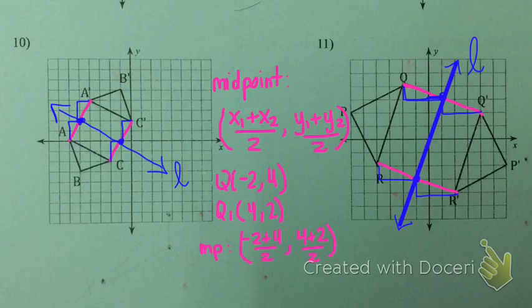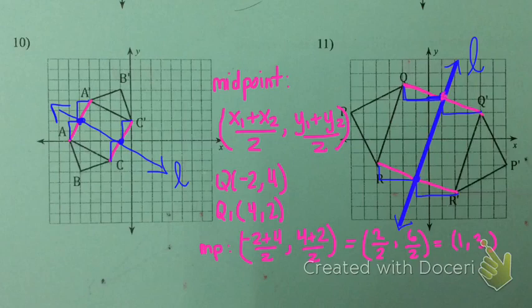Well, what is -2 plus 4? 2 divided by 2. And what is 4 plus 2? 6 divided by 2. What's 2 divided by 2? 1. What's 6 divided by 2? 3. So 1, 3 is the midpoint between Q and Q prime.